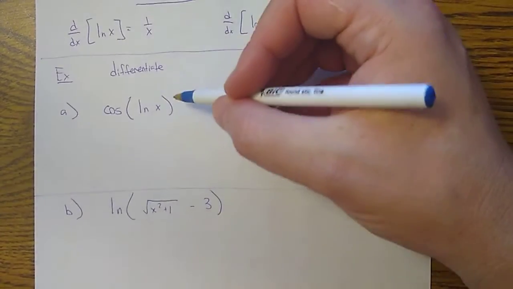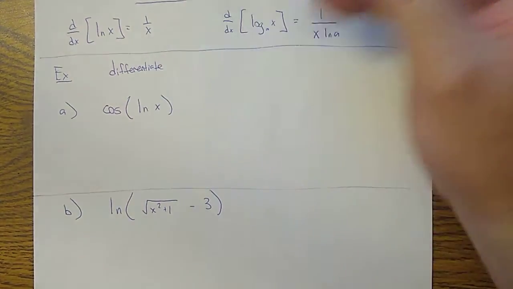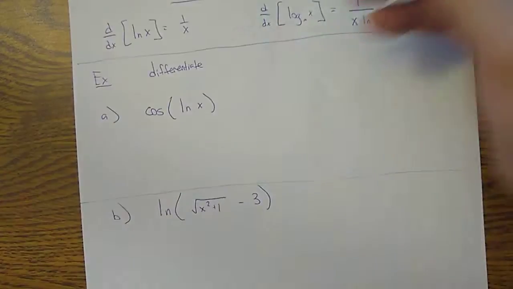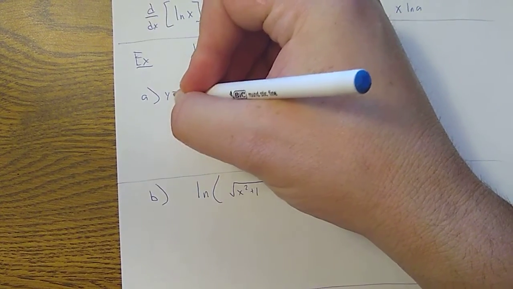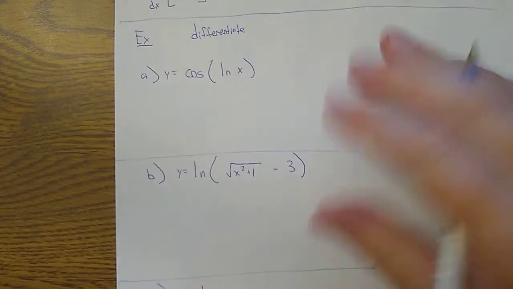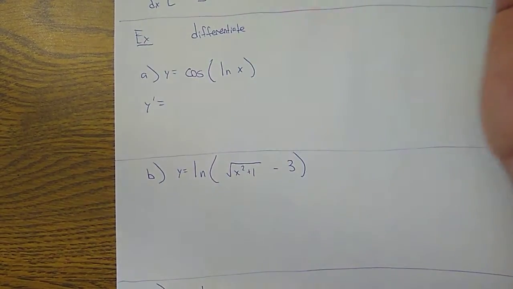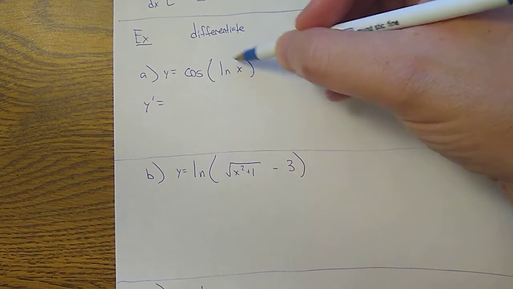So, yeah, let's just use that. The first thing we're going to do is use that together with the chain rule. Maybe I should write y equals on these. So then y prime would be, okay, so how do we do the chain rule? You do the derivative of the outside with the inside still in it.